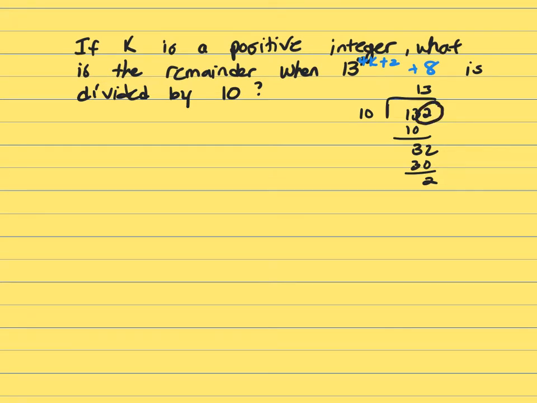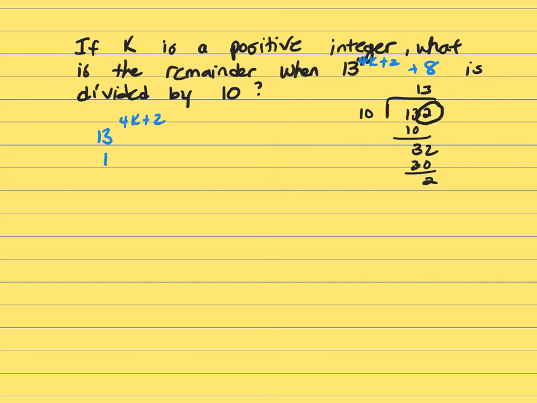Okay? All right, so let's look at 13 to the 4k plus 2, and I'll worry about the 8 in a minute. Well, this is the same thing as, let's break this down.